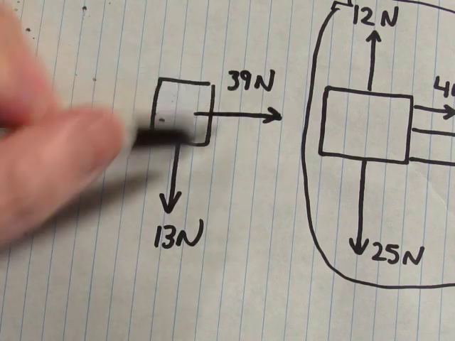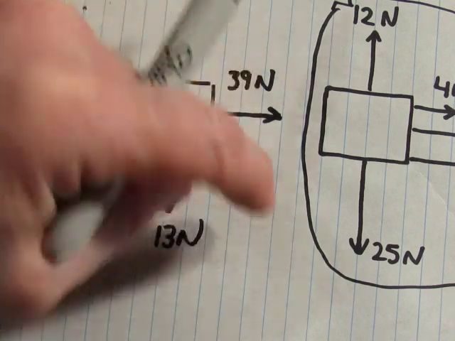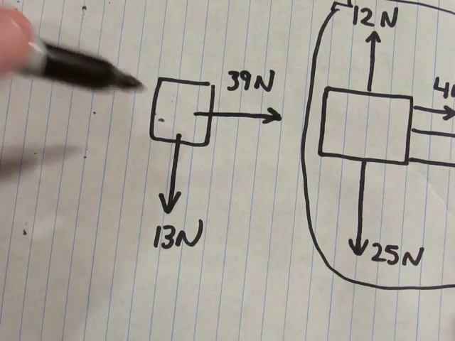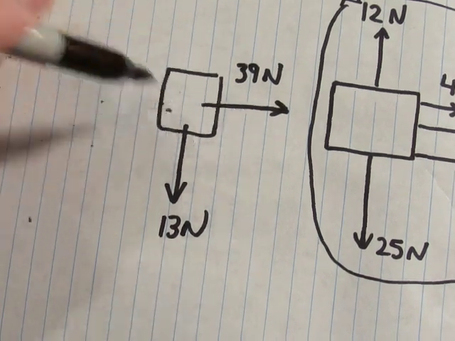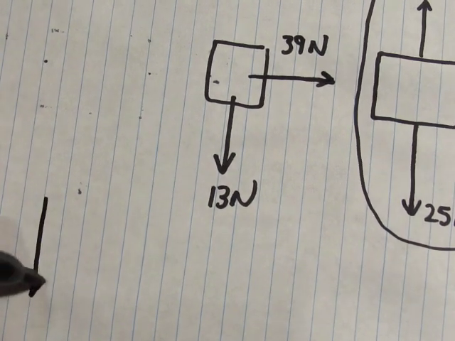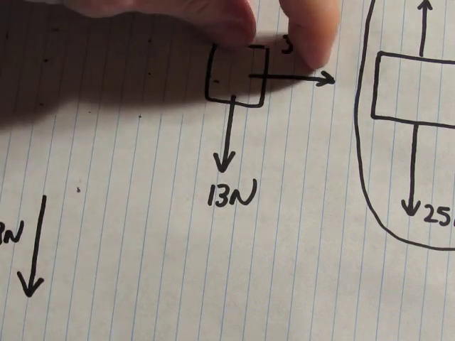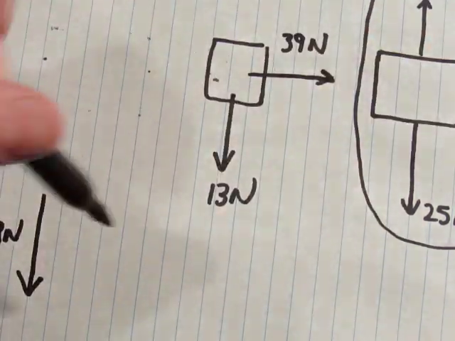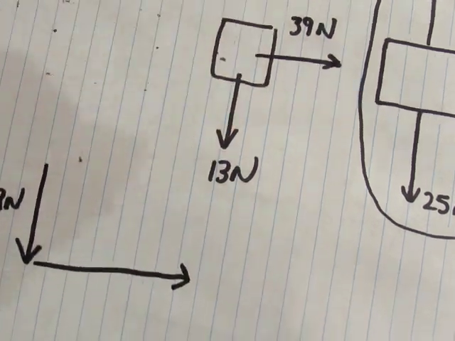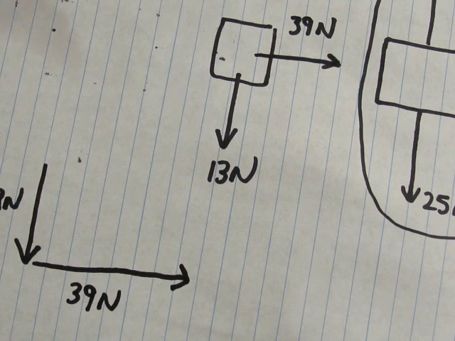Meaning, take any one of these vectors, it doesn't matter which one, slide it over or slide one of them down, arrange them so that the tip of one vector goes into the tail of the other. I'm going to do it like this. So I'm going to take my 13 Newton vector and I'm going to slide down and extend from the end of it the 39 Newton vector. This will always form a right angle triangle.